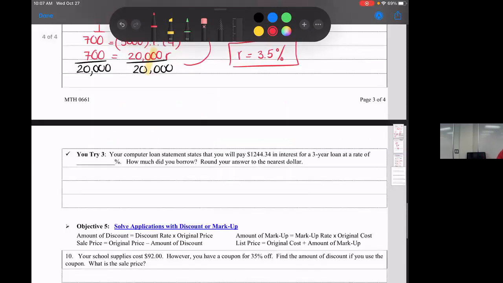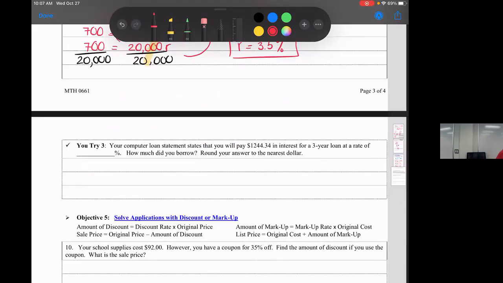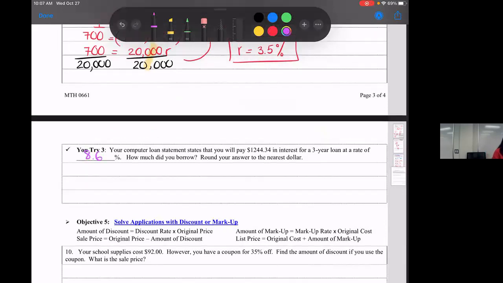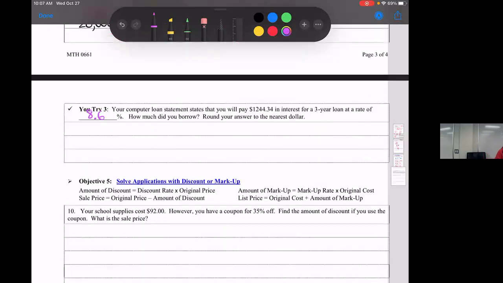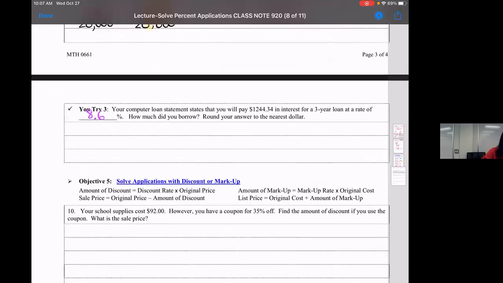Okay. You try 3. 8.6%. Wait, the P and the R, do that mean percentage of rate?